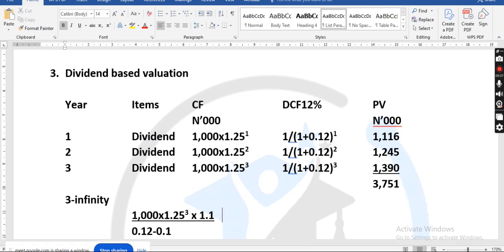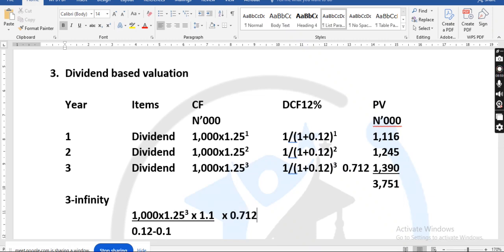Then times, of course, the present value. What is the last DCF here? Someone should give me the last DCF in year 3. 0.712. Right? So 0.712.